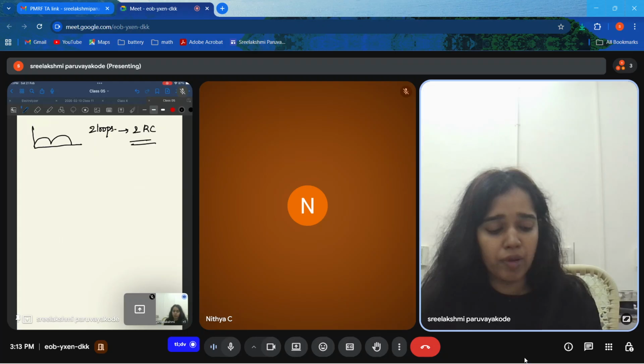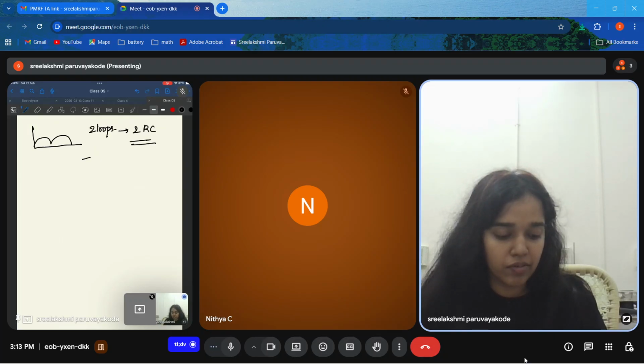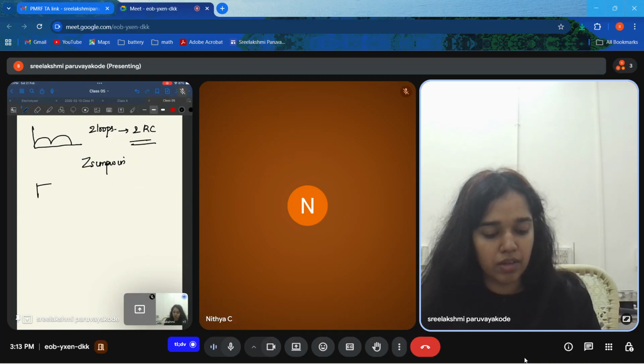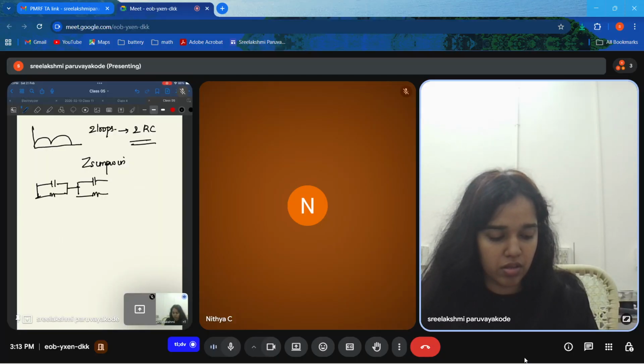Now what will happen? We use a software called ZSimpWin in order to fit the impedance data using the passive elements. There are other softwares as well. I tried fitting using this circuit.